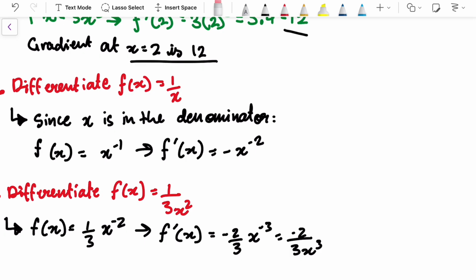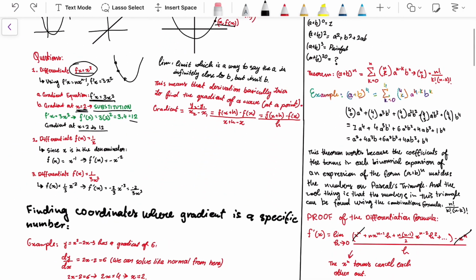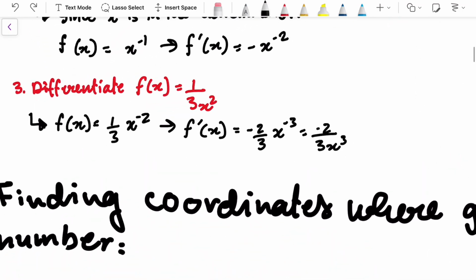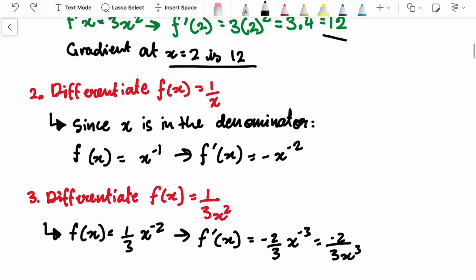So since we know that it is in the denominator, let me grab the pen. This is x to the power of -1, and I don't know why this keeps doing this. It's really annoying. But this becomes -x because the -1 comes in front, and to the power of -2.